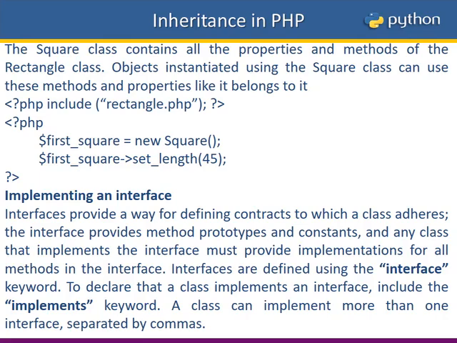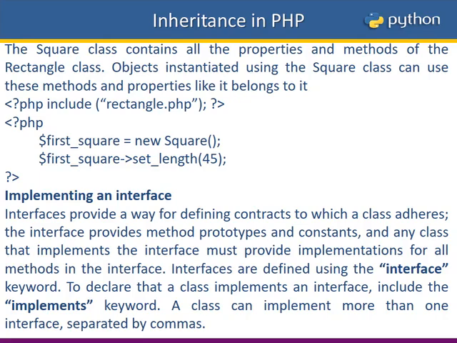So we can see the example again, the same example using first square, new square, first square, arrow set length. Another means of implementing inheritance in PHP is implementing an interface.